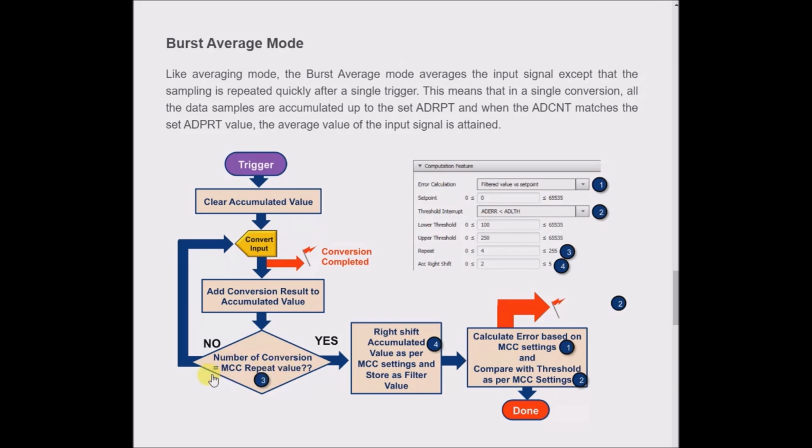If yes, right shift accumulated value as per MCC settings and store as filter value. Then calculate error based on MCC settings and compare with threshold as per MCC settings. Done. Or then go that way.